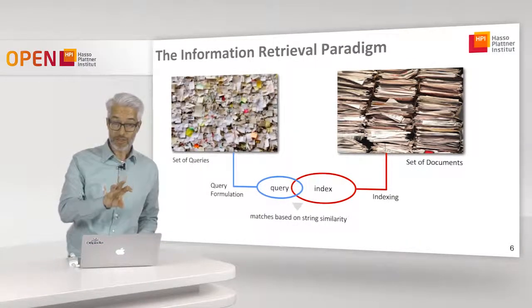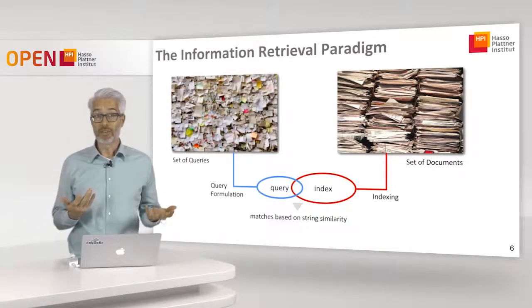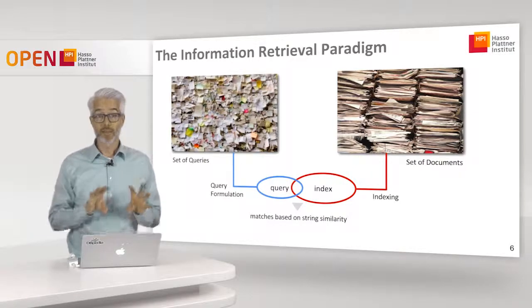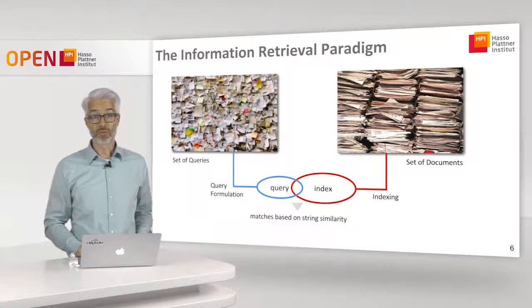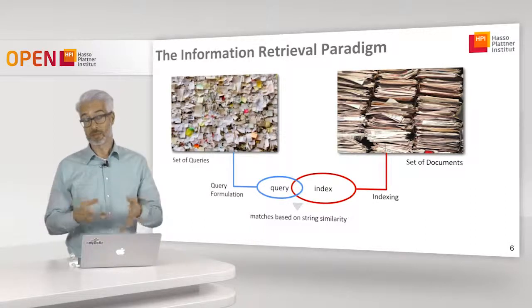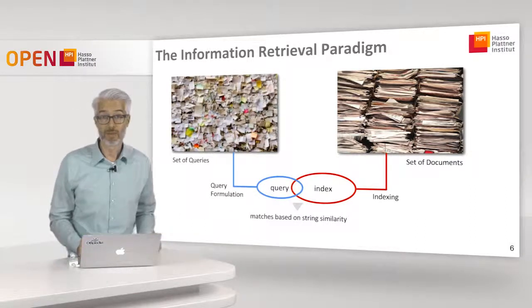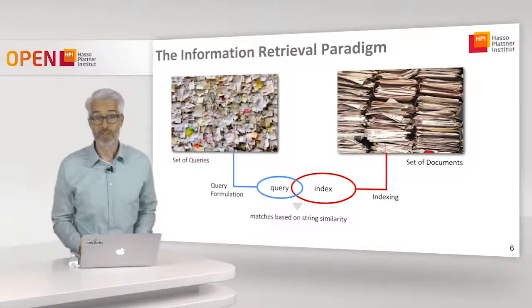So traditionally, all of these search engines are text-based search engines, and usually they follow the standard traditional retrieval paradigm. So how does this standard information retrieval paradigm, simplified, work? You have on the right-hand side a set of documents, which at Google or at Bing would be the set of all available or all crawled web documents.